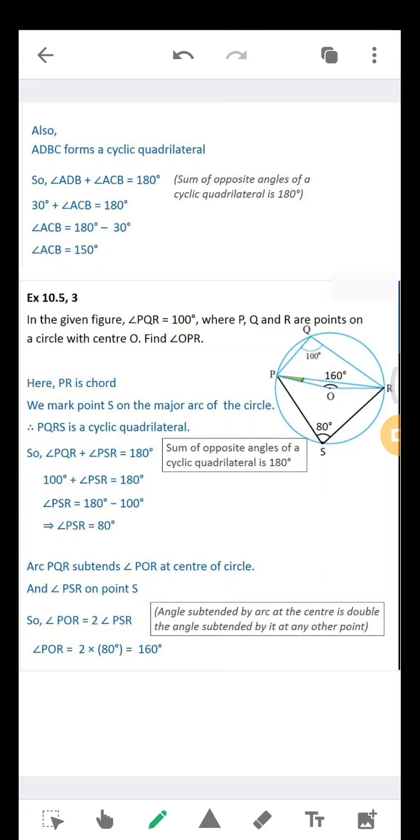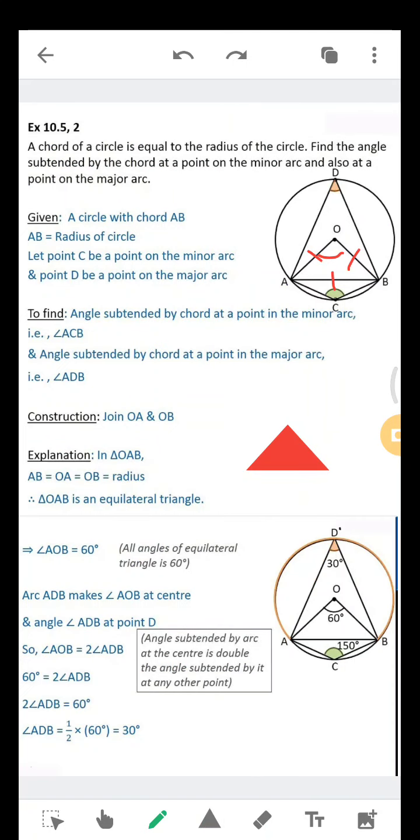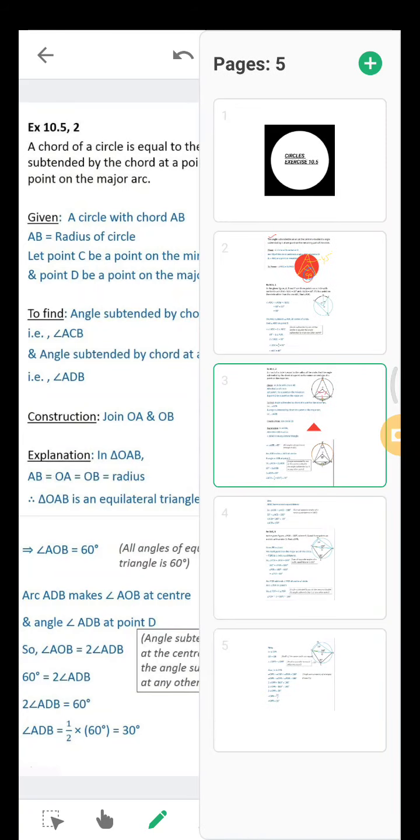Now ADBC forms a cyclic quadrilateral. What do we mean by a cyclic quadrilateral? A quadrilateral whose vertices lie on a circle. There is one property of a cyclic quadrilateral, let me explain that property first.